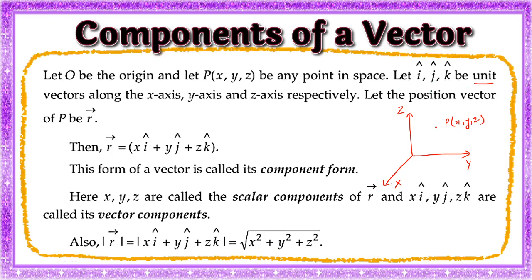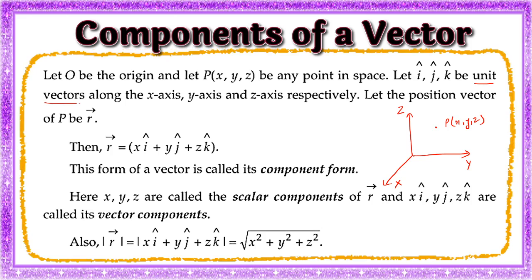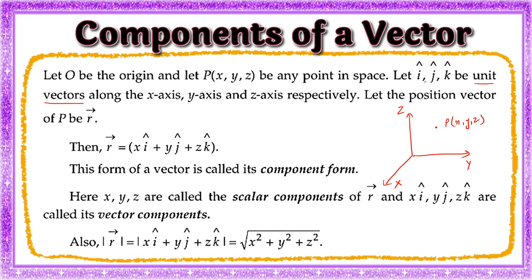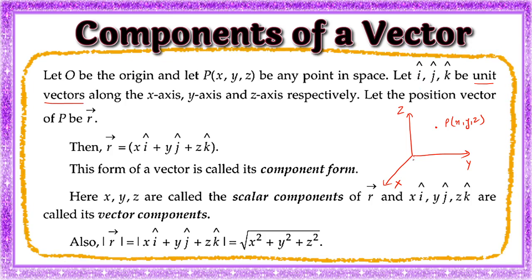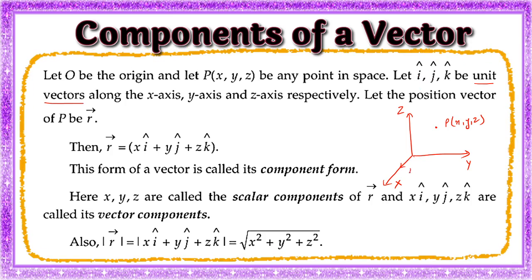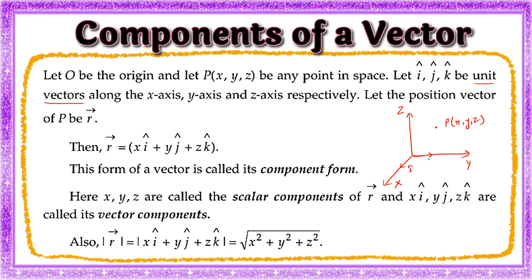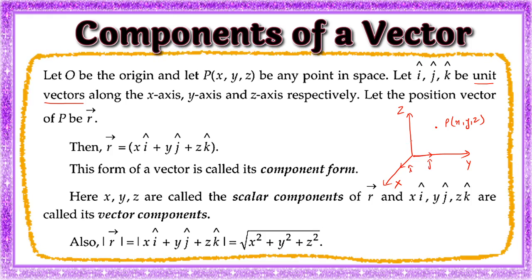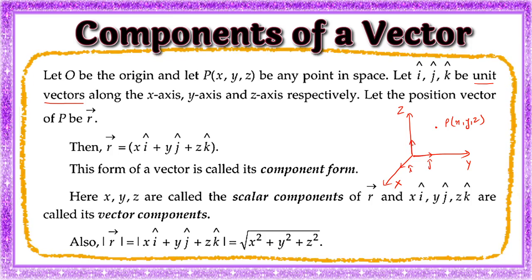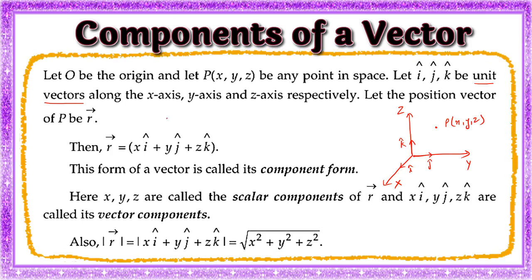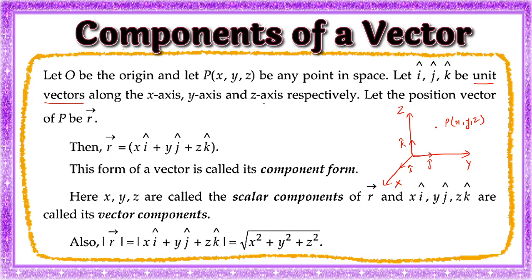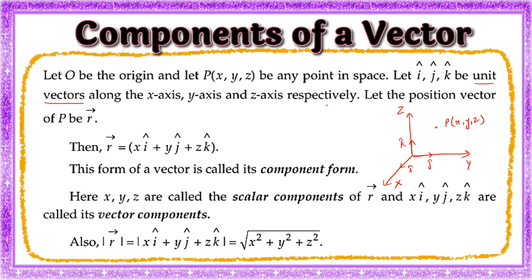We have just studied unit vectors, and now, students, one more thing: i cap is always in the direction of the x-axis, j cap always in the direction of the y-axis, and k cap is a unit vector in the direction of the z-axis. These are three unit vectors along the x-axis, y-axis and z-axis respectively.